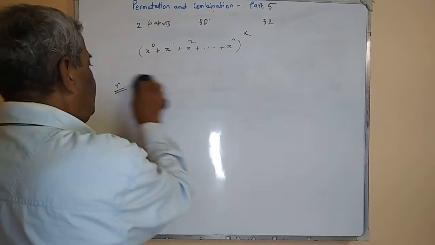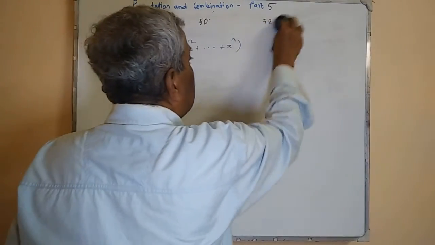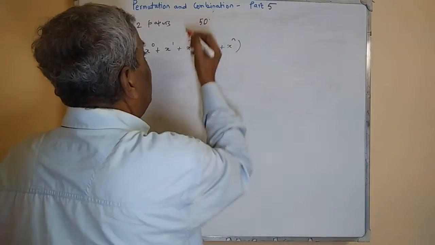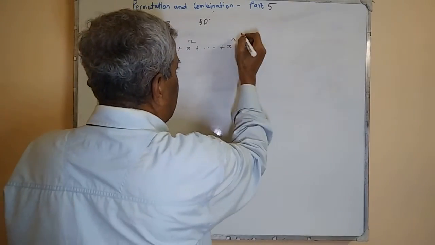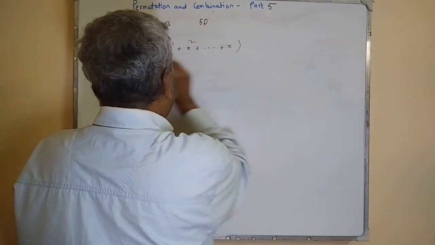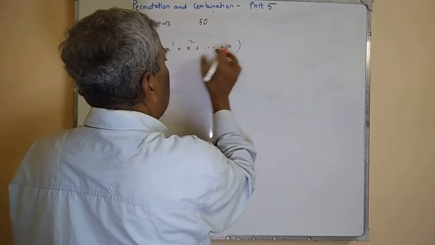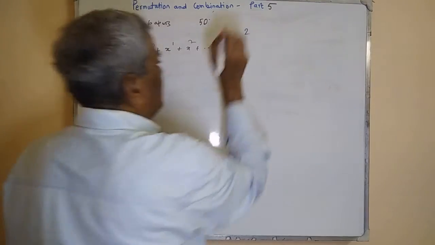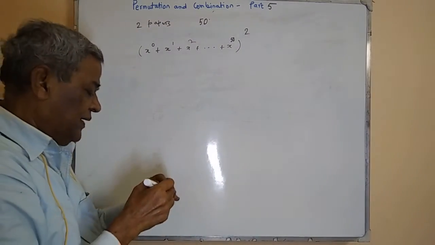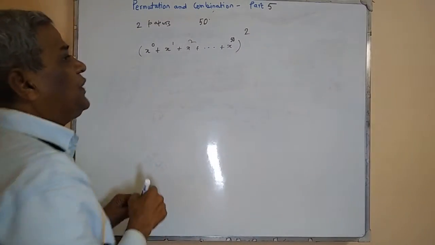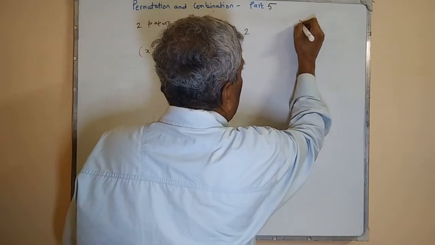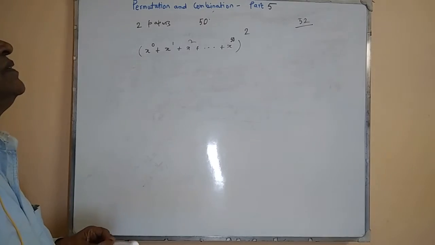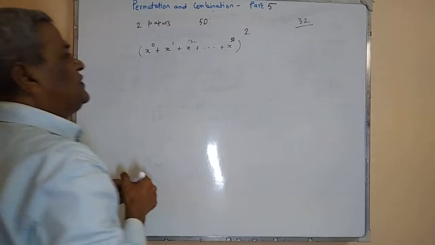So in this case, two papers each consist of 50 marks. So it is x^0, x^1, x^2 up to x^50, and there are two papers. We have to find the coefficient of x to the power 52 from that expansion.